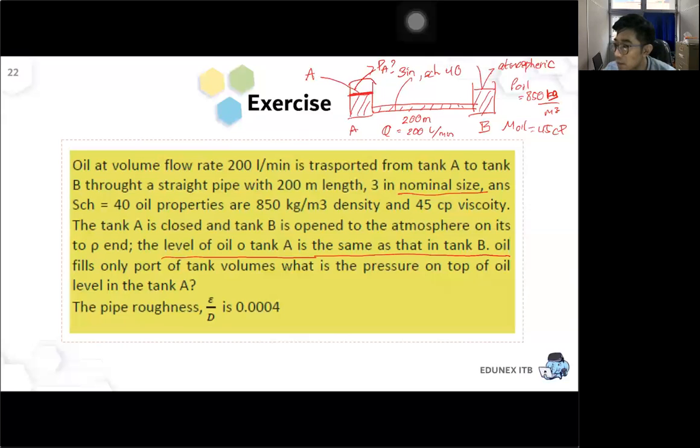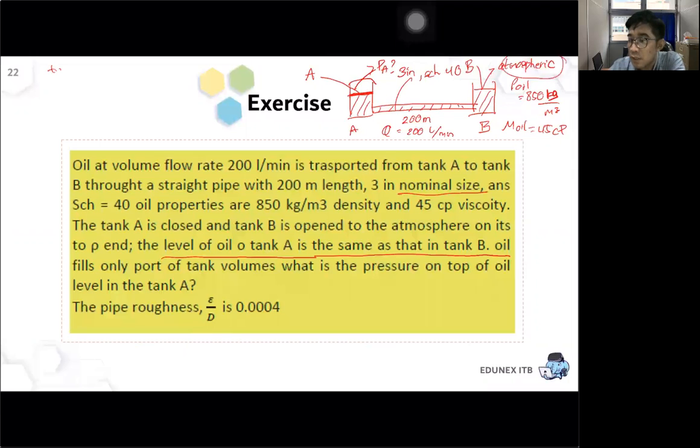Okay, this is B. Because we're finding the pressure on top of A, so I think we also have to compare it with the top pressure from B. Okay, that's one reason, and the other is that at the top of the oil in tank B, the pressure is atmospheric, right? So you know the value.